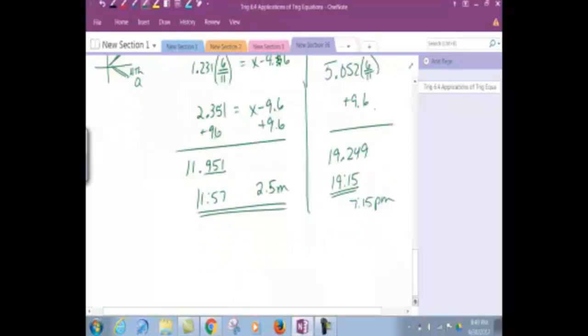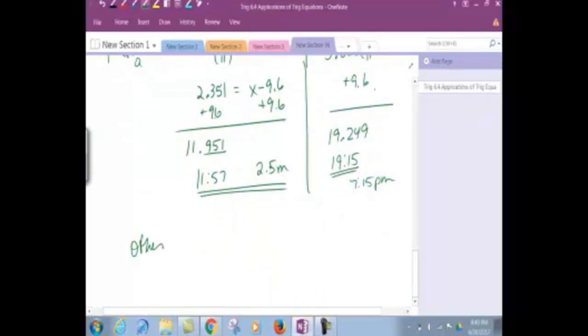So now we need to talk about the other 2 times, because we asked specifically what the 4 times were. This is where the period comes in. We know that we will hit 2.5 meters every 12 hours.